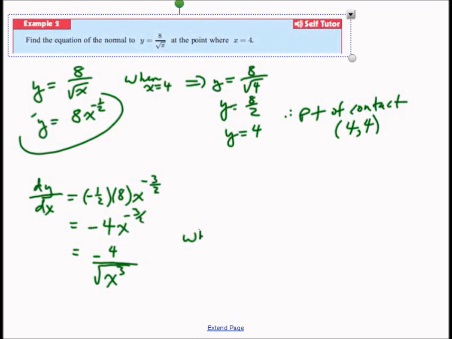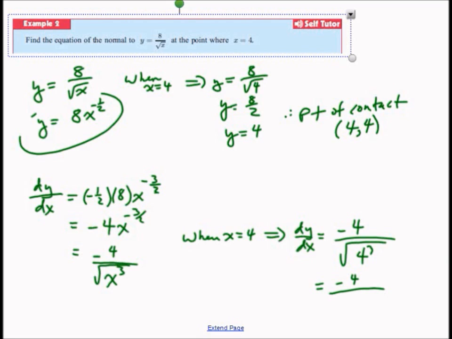So when x equals 4, dy/dx, the slope of the tangent, equals negative 4 over the square root of 4 cubed, negative 4 over 4 root 4, which is 4 times 2, which is 8, which is negative 1/2. So the slope is negative 1/2.